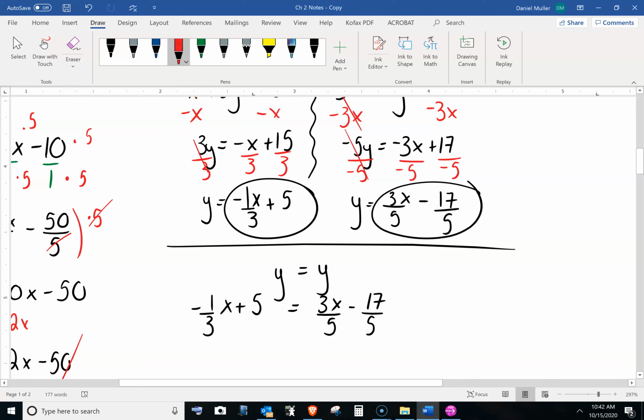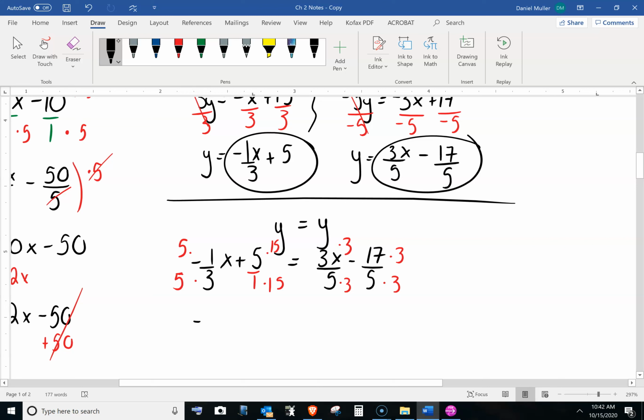And then we just do what we did last time, so let's get a common denominator, which is 15. So times that by 15, and by 5, and by 5.